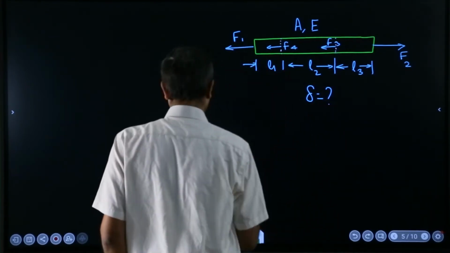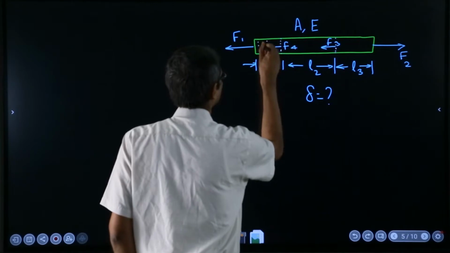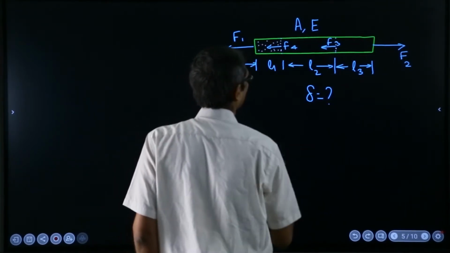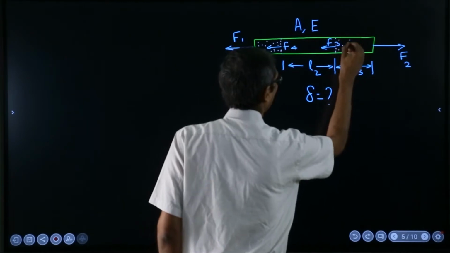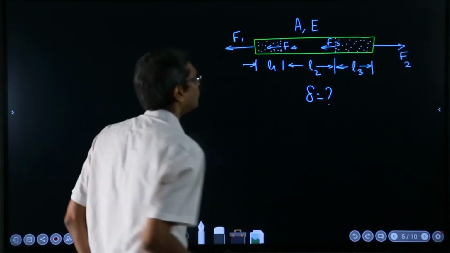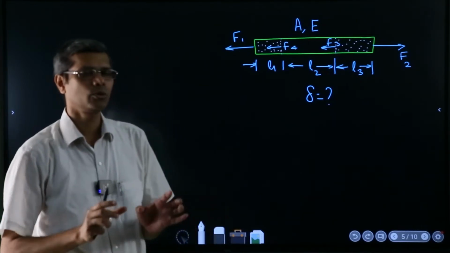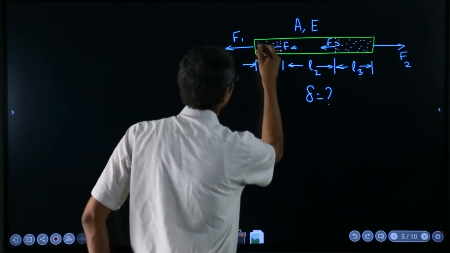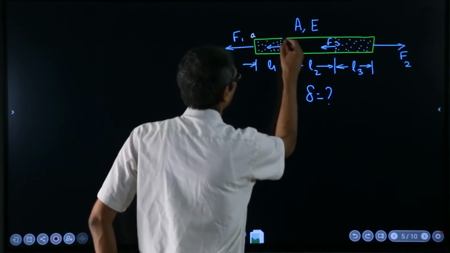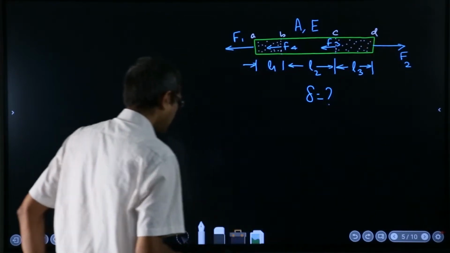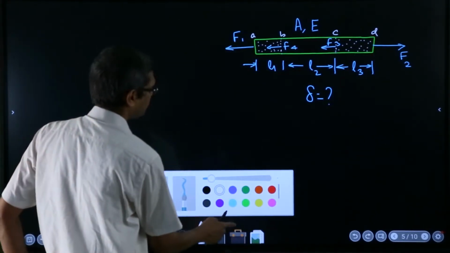That means this is a segment, and similarly this is another segment, which we can break into canonical configurations. Let's give some names maybe: A, B, C and D. Then we will draw the free body diagram.